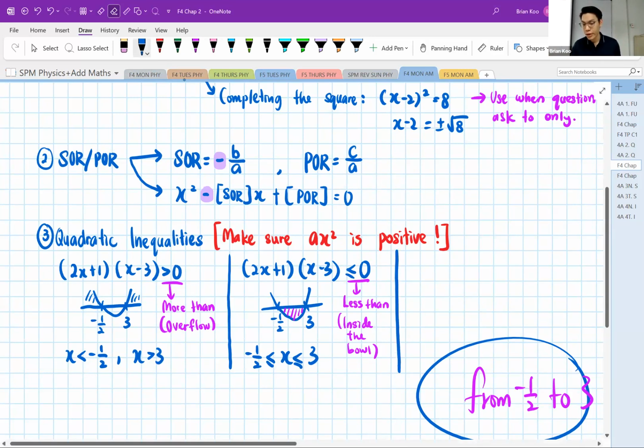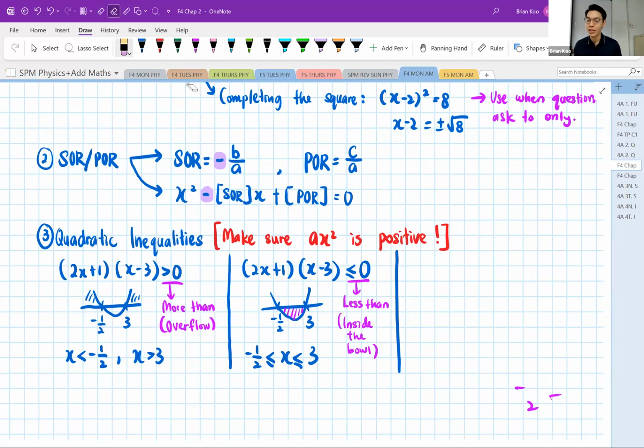And then one more thing. Other than inside, outside the bowl, we also need to remember that there are some questions which ask you to combine inequalities together.